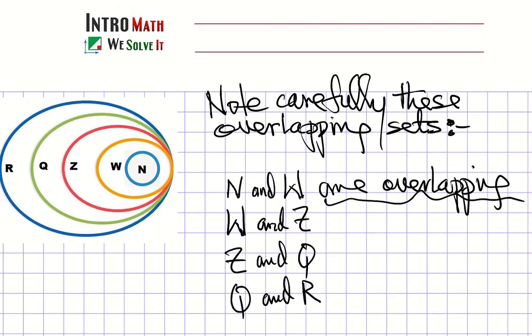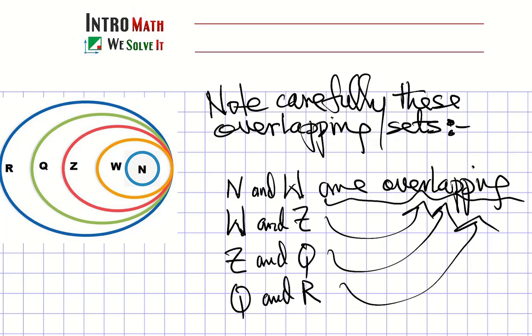Notice that N and W are overlapping. Notice that sets W and Z are overlapping. Notice that sets Z and Q are overlapping. Notice that sets Q and R are overlapping. They're all overlapping.